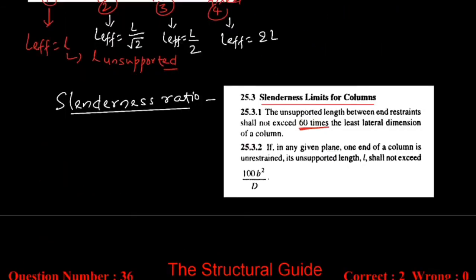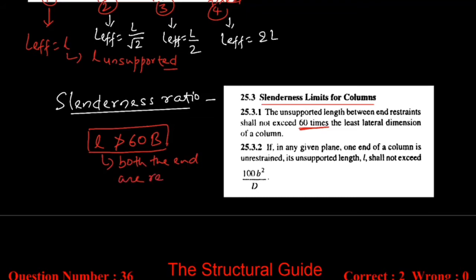So by IS 456, the unsupported length, that is L, should not exceed 60 times B, right? L should not be greater than 60 times B. This is valid when both the ends are restrained.